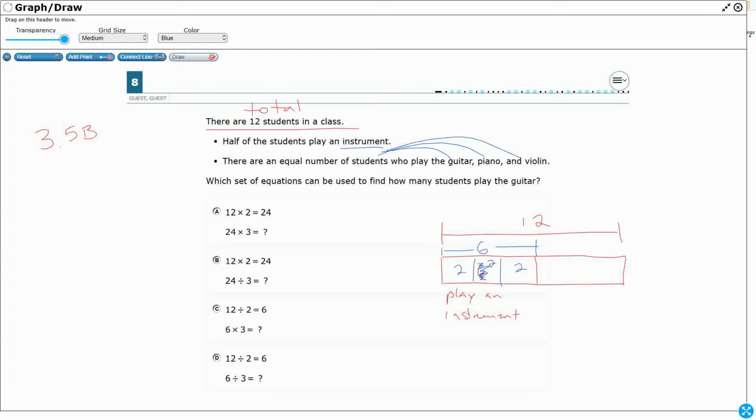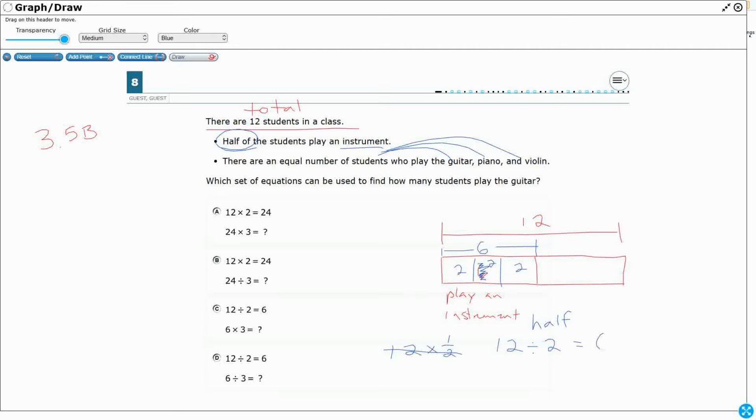But how can I turn this into an equation? Well, what did I start with? I started with my total, and I took half. What does half mean? Well, there's two ways to do it. When we get older in middle school, we'll multiply it by half. But we're not quite there yet. So in 3rd grade, we can also divide by 2. Half means you multiply by 1/2 or you divide by 2.